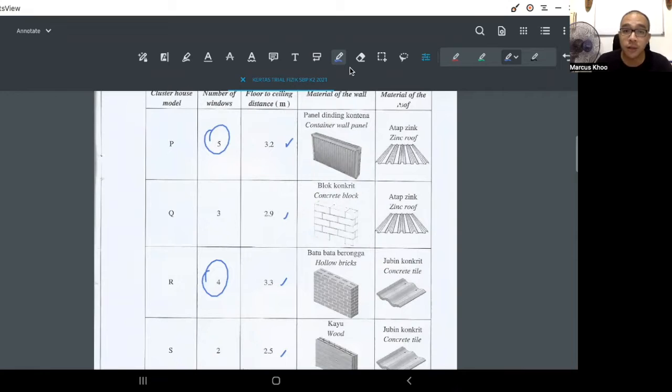Okay, because if it is very low, this one, right? Okay, kalau the roof is very low, then kamu akan rasa macam sangat. In Chinese, we say it's very kok. Okay, so you want to have a high floor to ceiling distance. Yeah, okay, sasak.